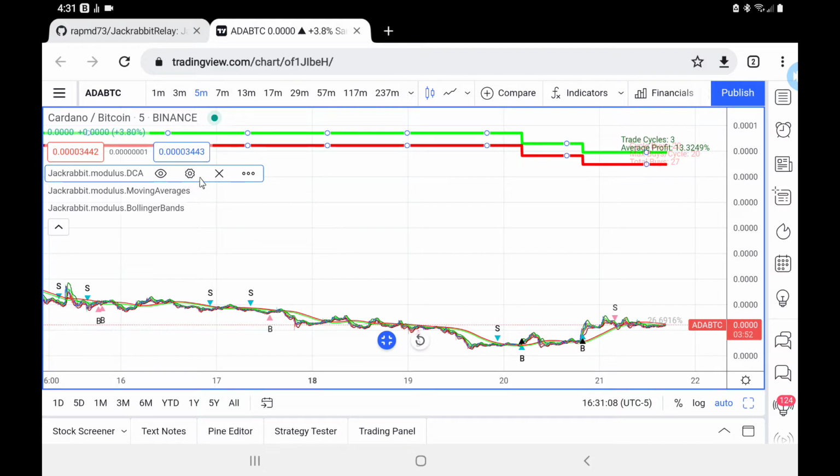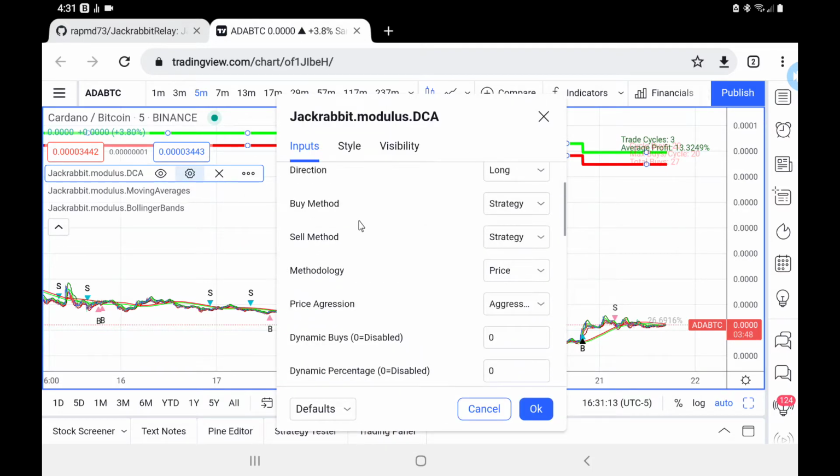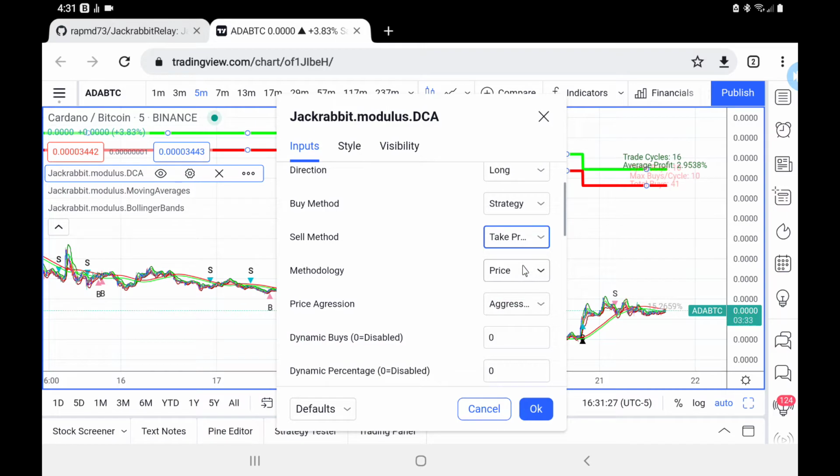Okay, and now dollar cost averaging. This is also pretty straightforward cookie cutter. Now you can do strategy or take profit. $16.2 is 32% rough profit basis at 10 positions.